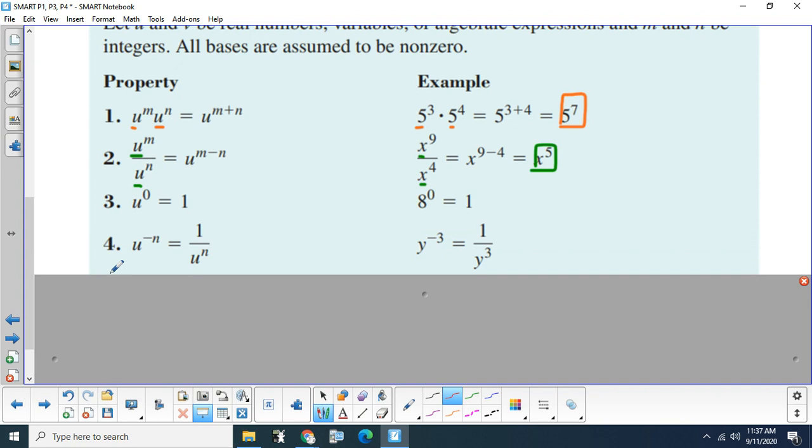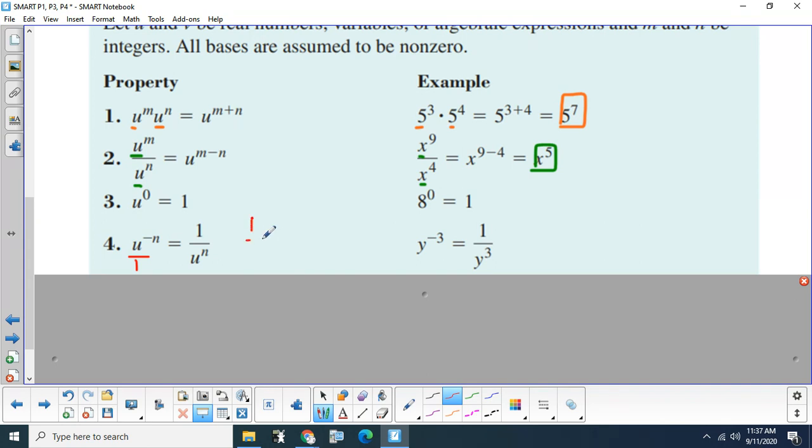The fourth property is the negative power. So anytime you have a negative power, you want to send it to its opposite location. If you think about this as being written over 1, you have a negative exponent or power on the top of it. So to make it become positive, you send it to the bottom of the fraction. Now, this also applies in the reverse.